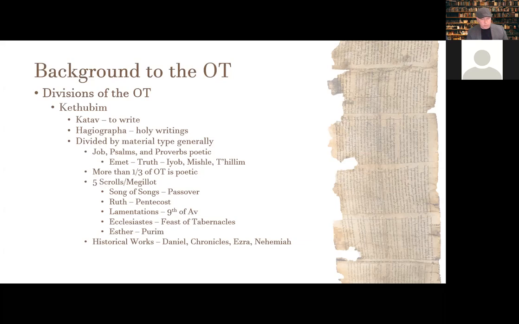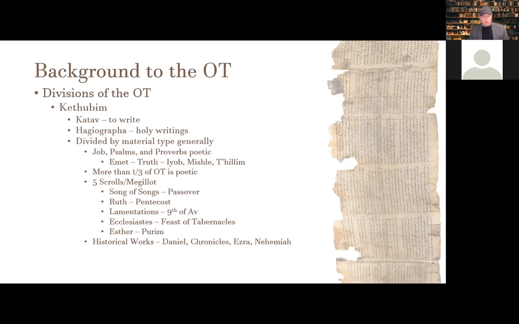Song of Songs is generally read at Passover, Ruth at Pentecost, Lamentations during the 9th of Av, which is the horrible historical day of Israel when both temples were destroyed and so many other things happened. Ecclesiastes is read at the Feast of Tabernacles, and Esther, of course, at Purim, which is the holiday associated with the book itself.